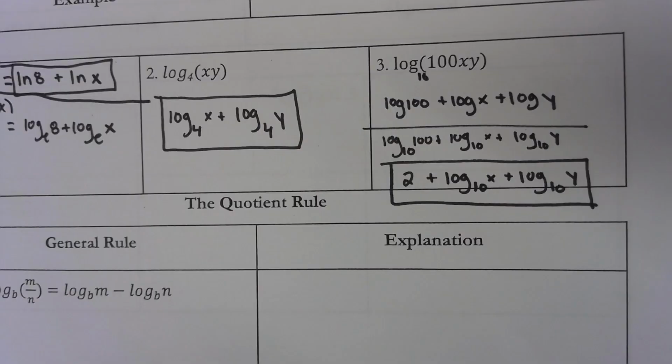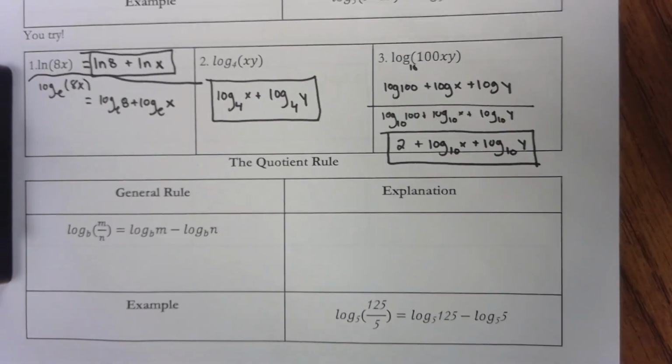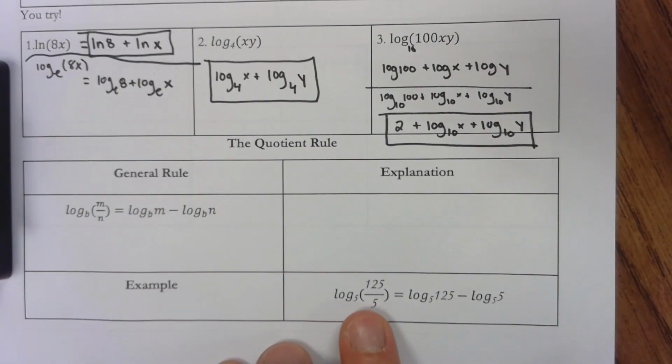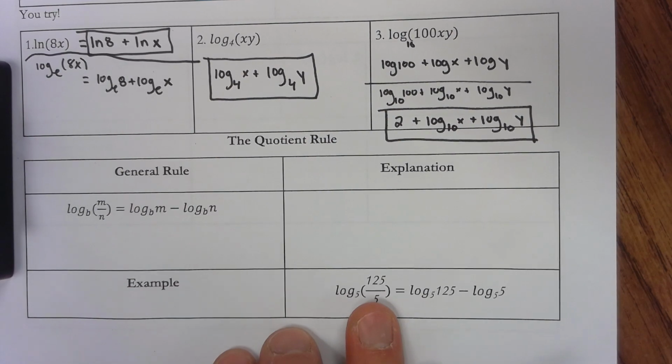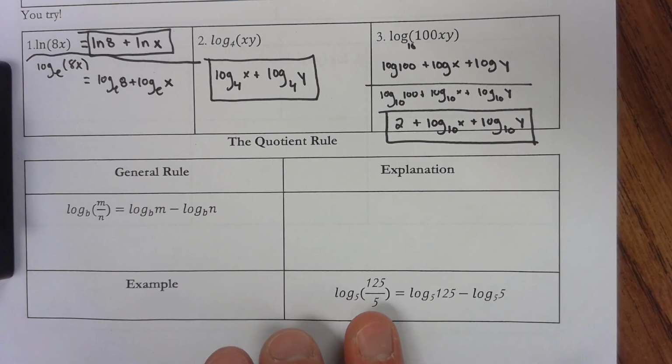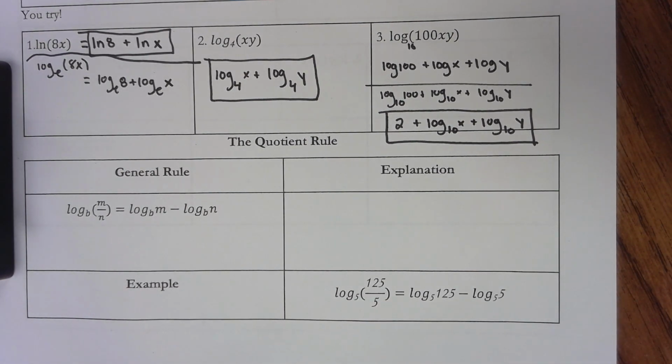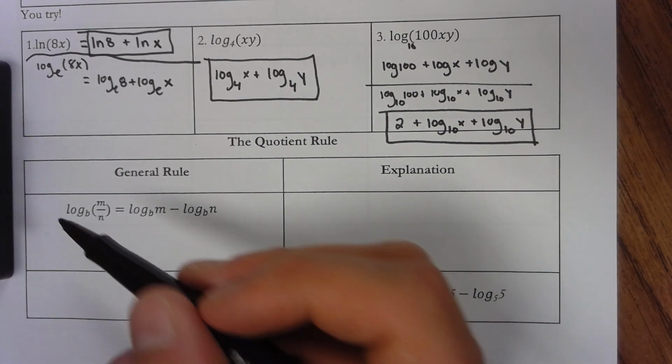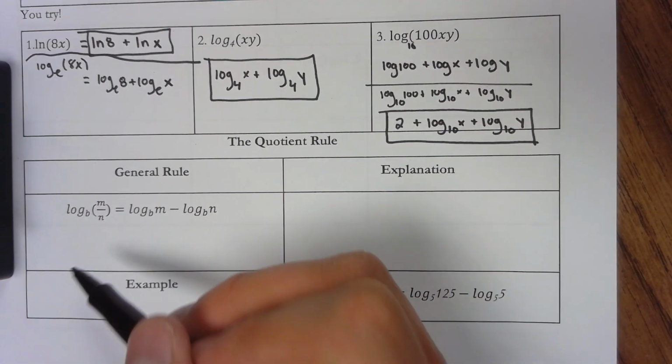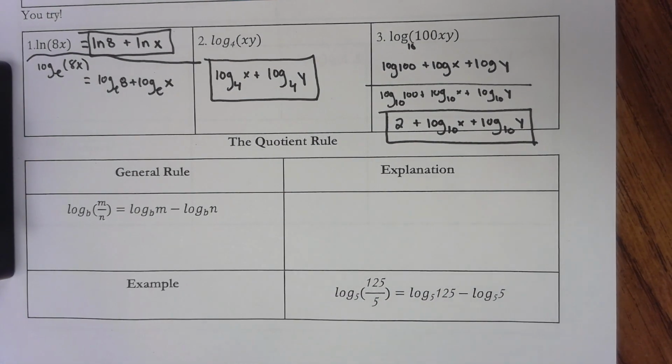All right, well, let's move on to our next rule. And again, I think we had the exact same named rule with our exponent properties, the quotient rule. And it's just the opposite. So now if we're taking the log of a quotient, being the result of division, we're going to subtract those logs when expanding them.